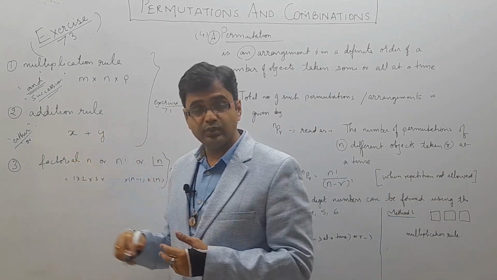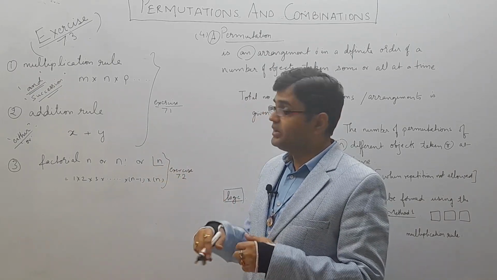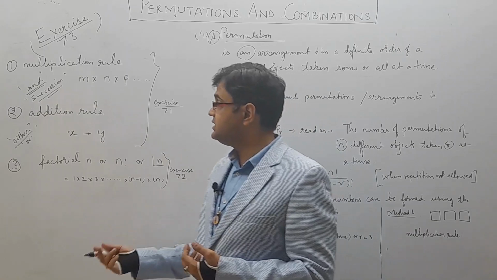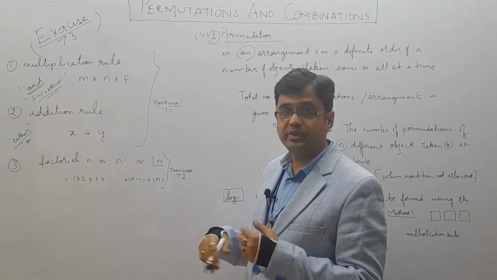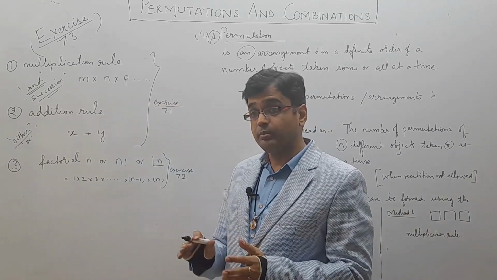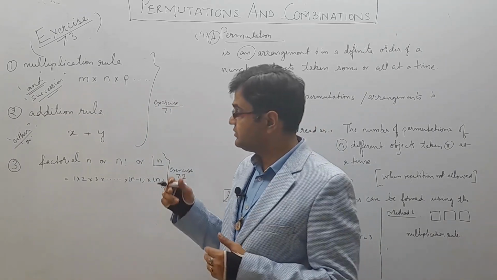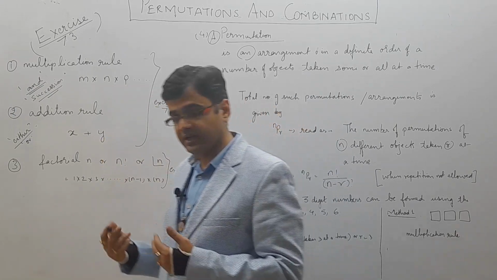Either event x will take place or event y will take place. So in how many ways can they take place, if they are occurring one at a time, not both together?